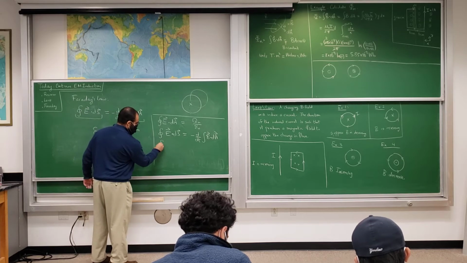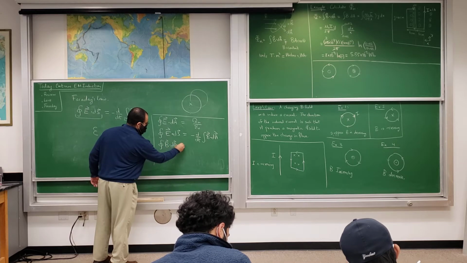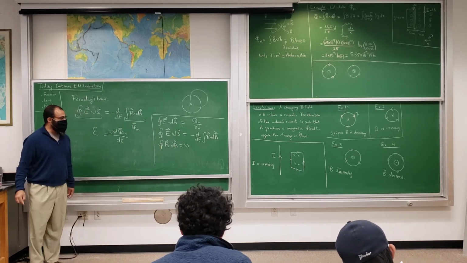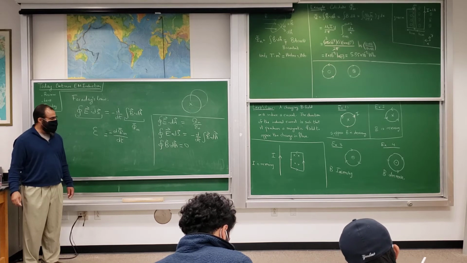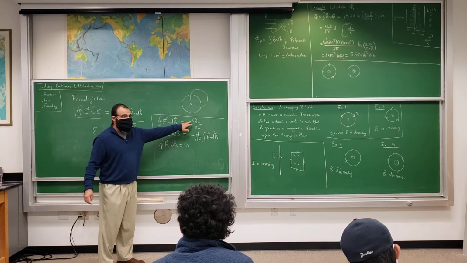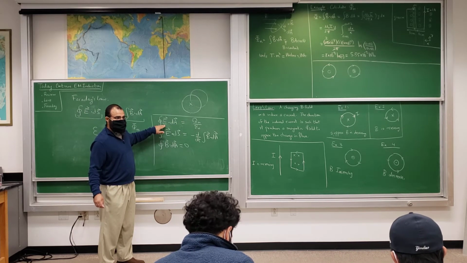This one says the magnetic field integrated over a closed surface is always equal to 0. This one is also done. So we know 3 laws. Because basically the electric one says there are electric charges that you can enclose.